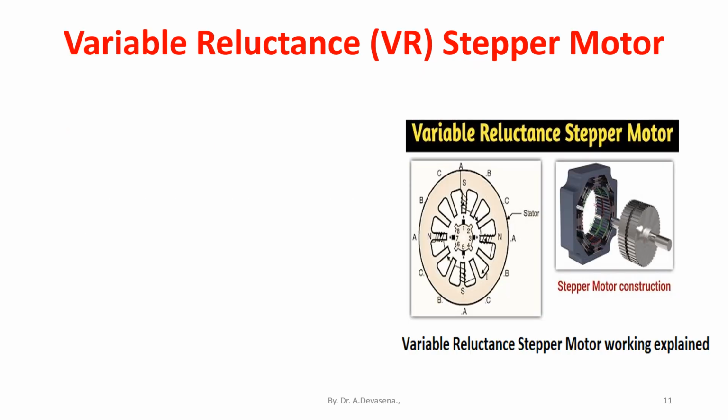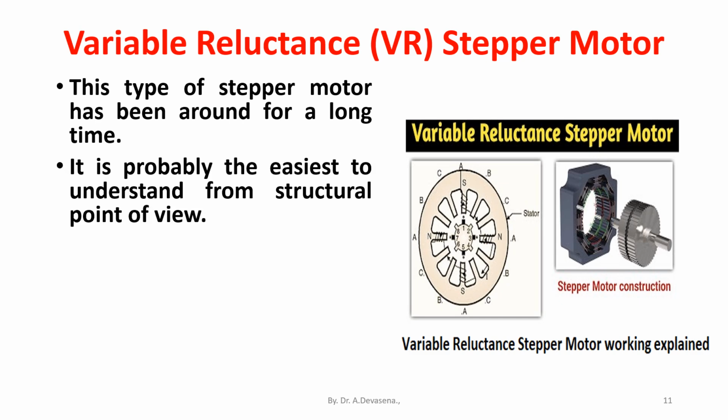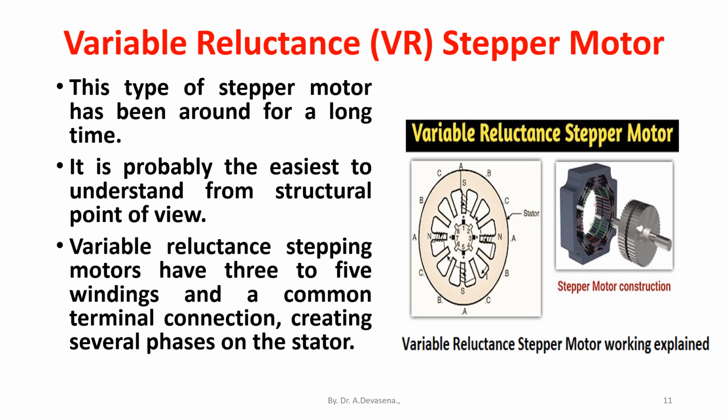Variable reluctance type stepper motor. This type of stepper motor has been around for a long time. It is probably the easiest to understand from a structural point of view. Variable reluctance stepping motors have 3 to 5 windings and a common terminal connection, creating several phases on the stator.